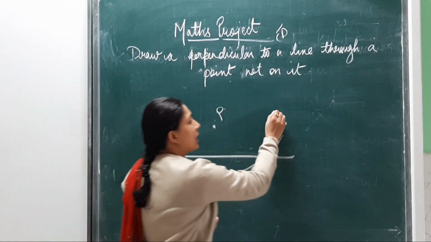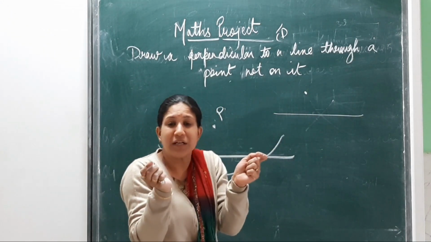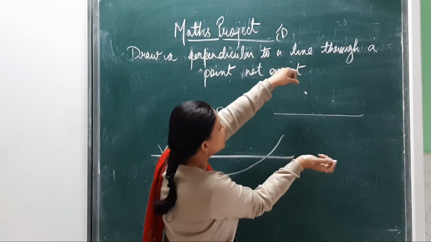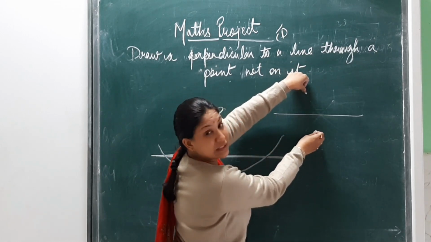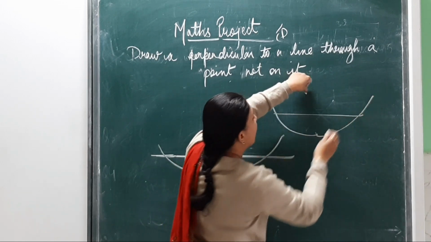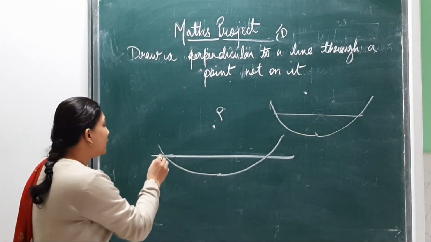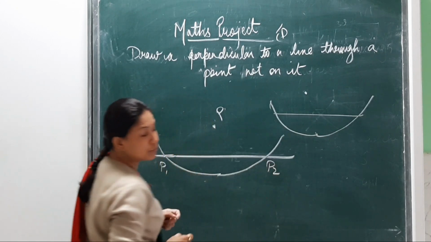First draw a line, take a point P, extend the radius. Now taking P as center, from wherever the pencil point is, drag it and draw an arc. After that you label this again as P1 and P2.